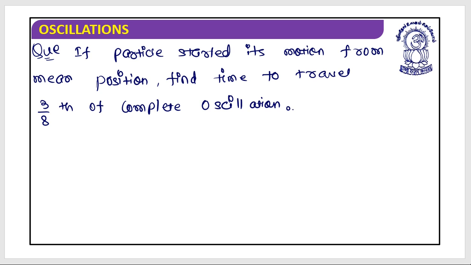So first thing, what do you want? You want to start your motion from the mean position. Second, you want the time required to travel 3 by 8th of the complete oscillation.